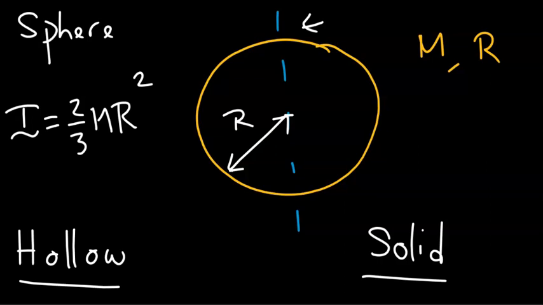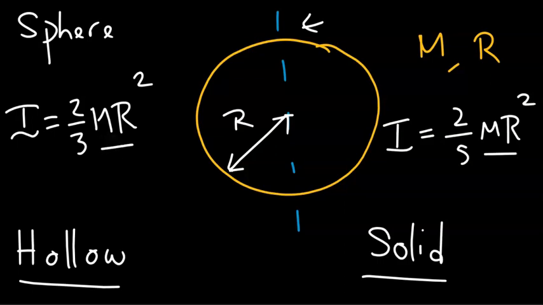And if the sphere is solid, then the moment of inertia through the center of mass is given by 2/5 mass times the square of the radius. And again, from the expressions, you can see the unit is kg meters squared.